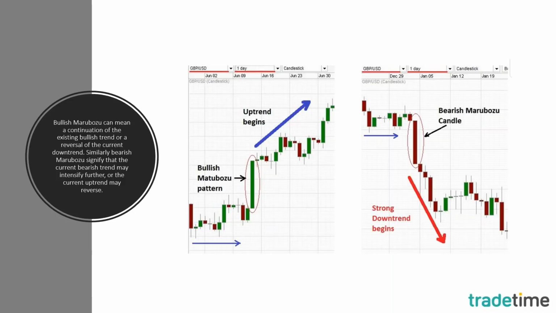That's telling you that downtrend is over and an uptrend will be beginning, because the bulls have taken back control of the markets. A bearish Marabuzzo would occur during a downtrend, during an uptrend, or congestion, and that's telling you the bears have taken control of the market, and the market will most likely move into a strong downtrend.